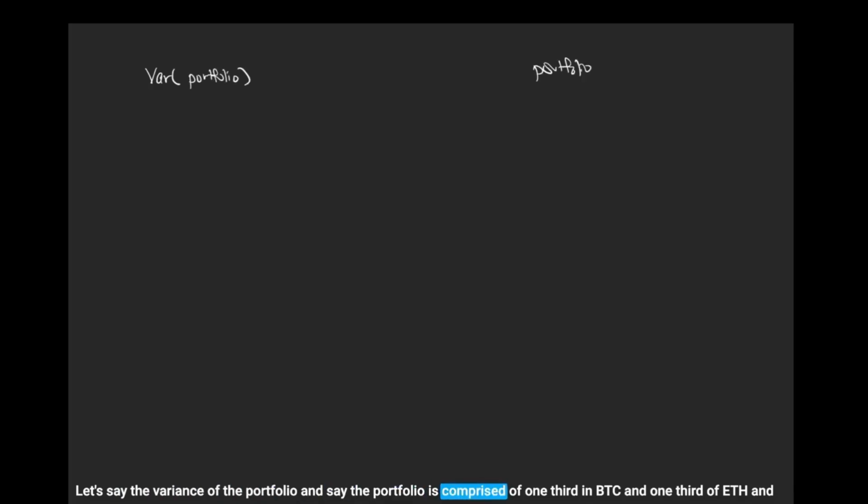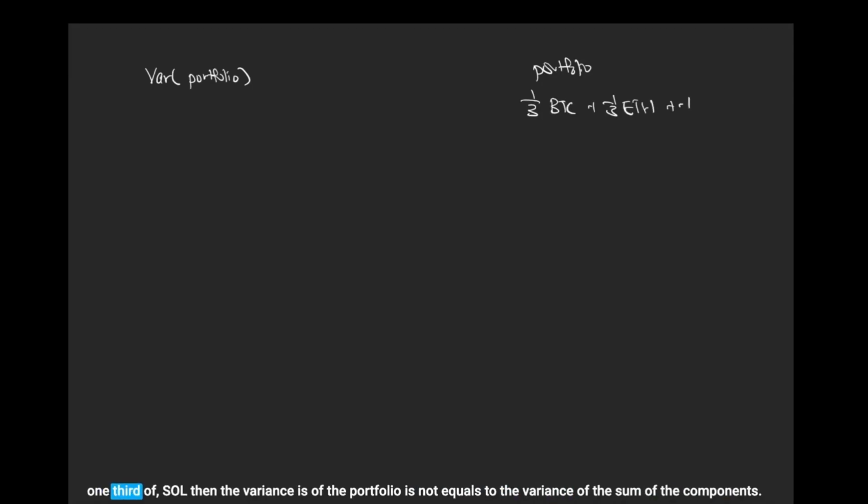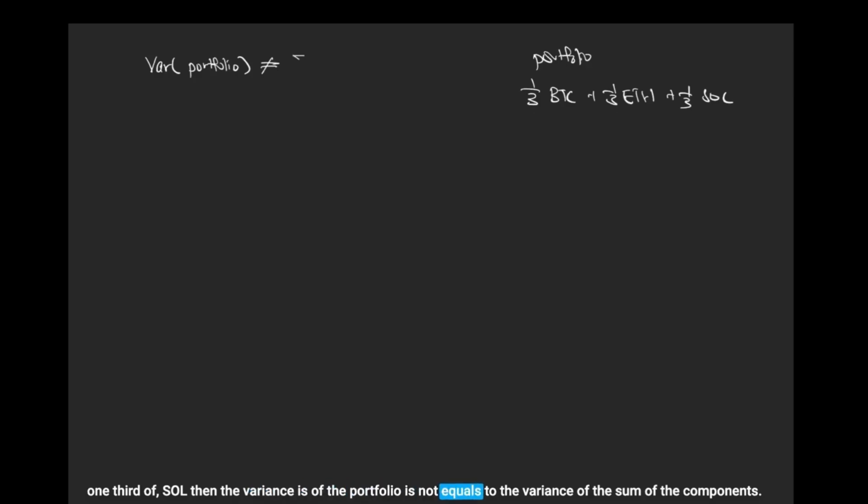If you have multiple assets in your portfolio, then your portfolio variance is going to be given by something like this. Let's say the variance of the portfolio, and say the portfolio is comprised of 1/3 in BTC and 1/3 of ETH and 1/3 of SOL, then the variance of the portfolio is not equal to the variance of the sum of the components.